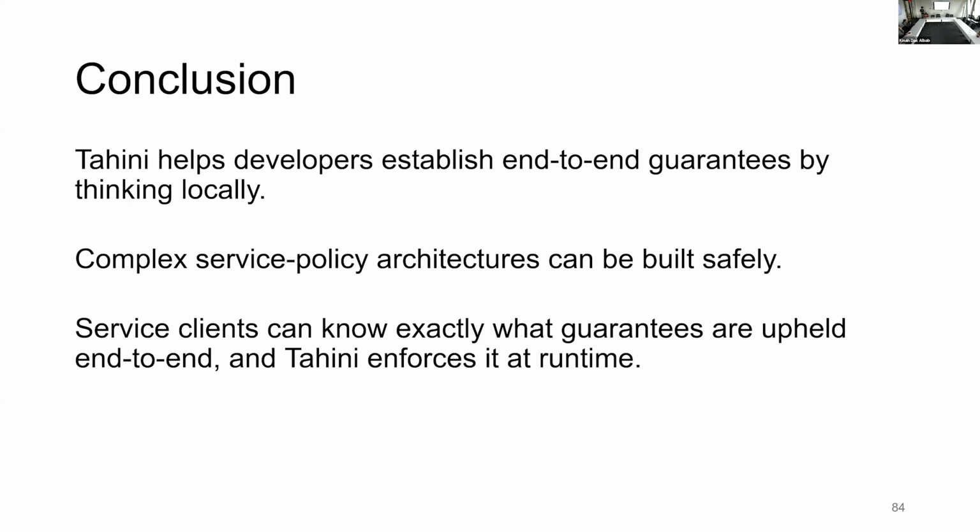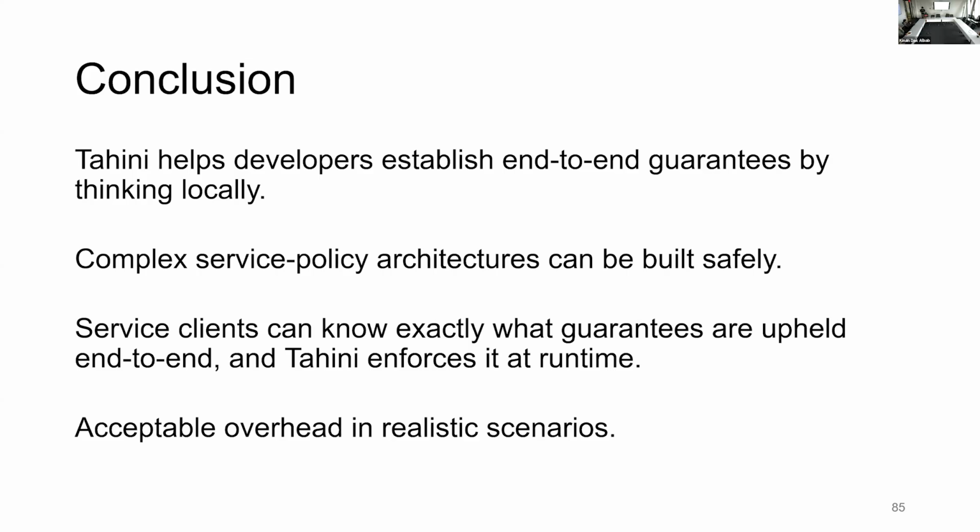Additionally, service clients can easily know what other guarantees are being upheld, and those guarantees are known ahead of time. There's no runtime overhead on that end, and Tahini ensures that this is enforced. Ultimately, the overheads are reasonable.